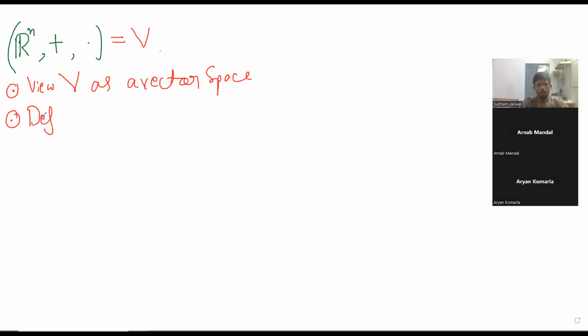So we will define dimension, and also we will define this. Yeah, but then for this we will need... Okay, no problem. We will define the linear transformation.